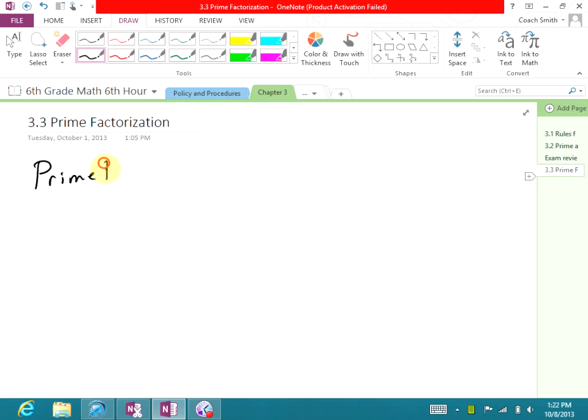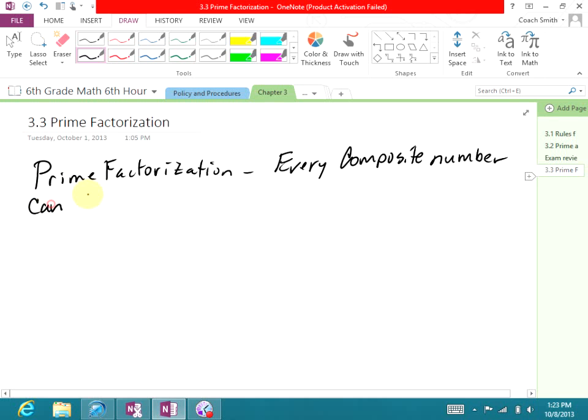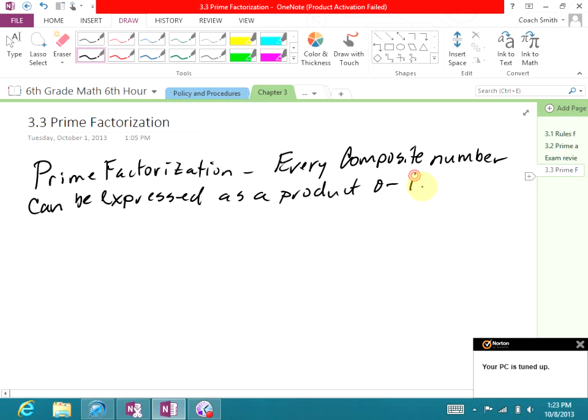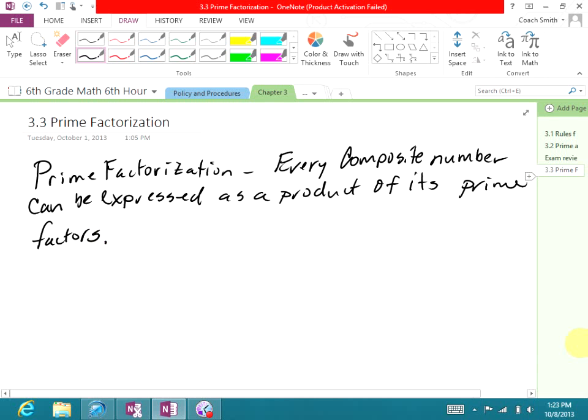Okay, prime factorization. Every composite number can be expressed as a product, meaning multiplication problem, of its prime factors.